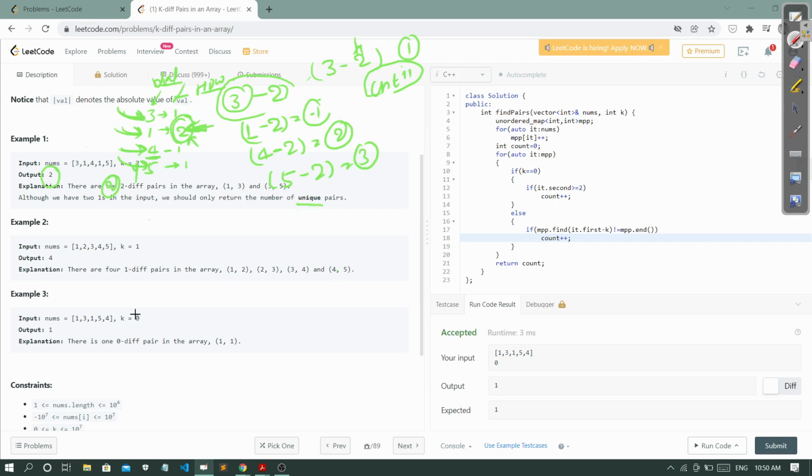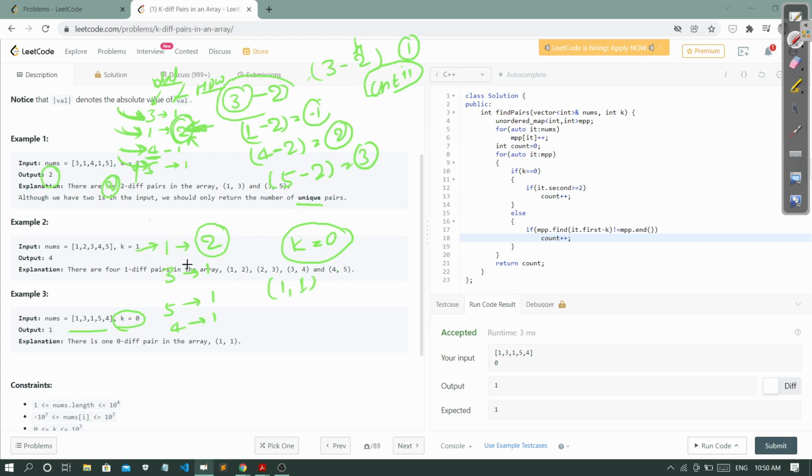Okay, and if k is equal to 0, then in that case we have to check something different. Suppose in this problem statement, in the map, 1 occurs 2 times, 3 occurs 1 time, 5 occurs 1 time and 4 occurs 1 time, and here k is equal to 0. If k is equal to 0, then we have to only see the elements that occurred twice. So here 1 occurs 2 times, so we get only one pair.